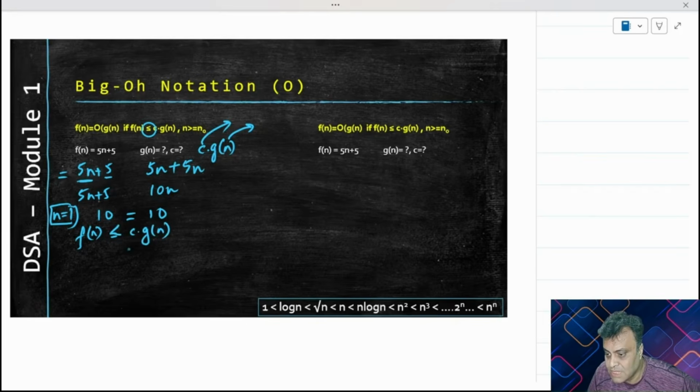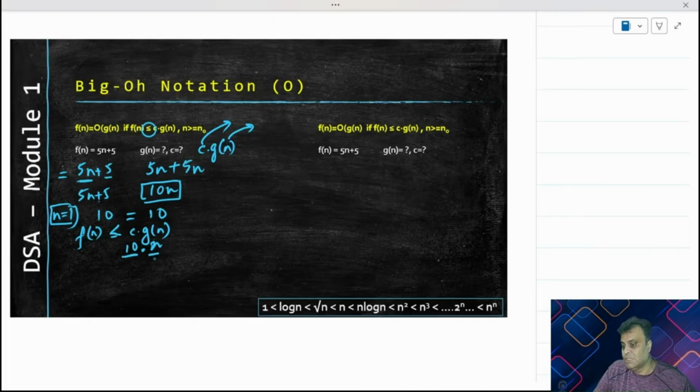And what is my c? My c is 10, my gn is n. So we have found our c, we have found our gn, and we have satisfied this equation for a particular value of n, which means now we can write that fn is upper bounded by big O of gn, which means this is big O of n.